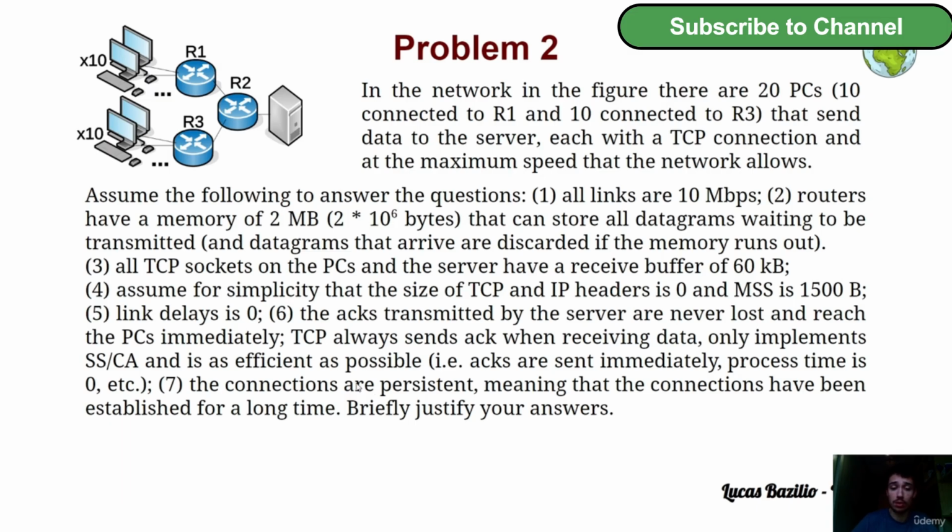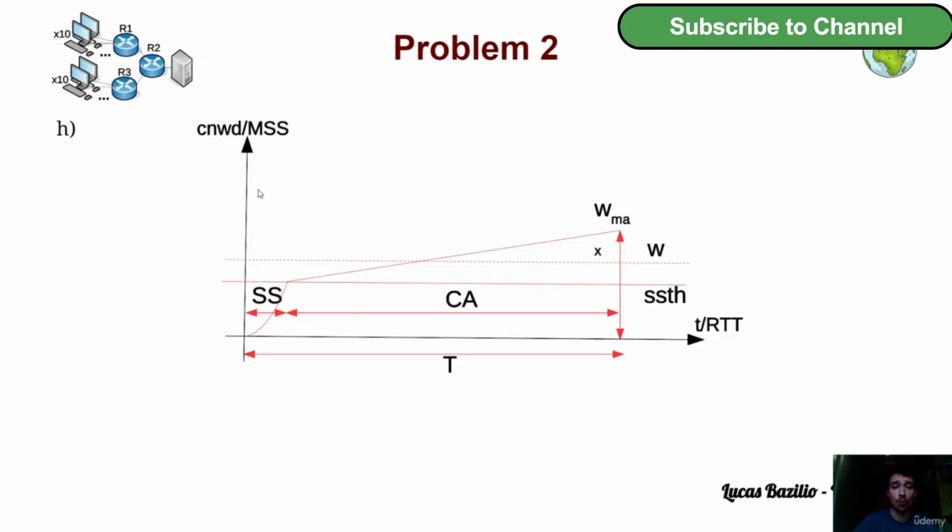Very well. With these assumptions, we can already sketch the evolution of the congestion window as time evolves in round trip times. Each unit that we see here on the x-axis is one round trip time, and each unit on the y-axis is one maximum segment size of the value of the congestion window.